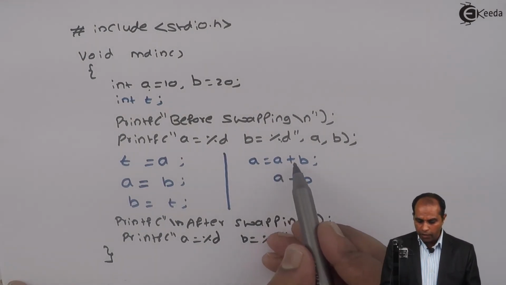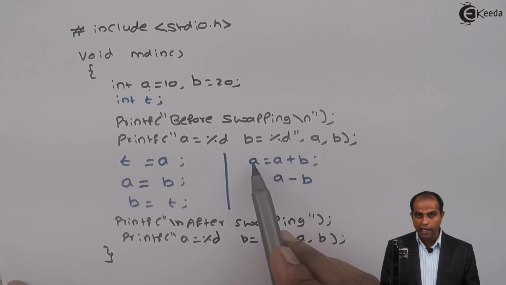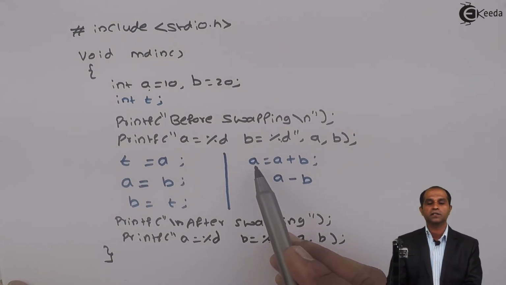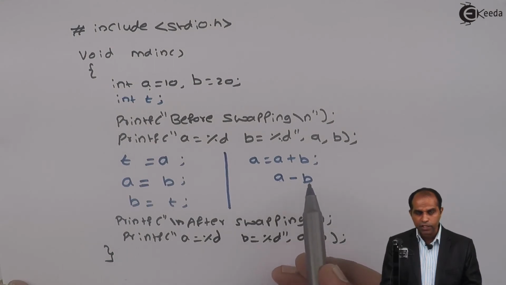So when I said A equals A plus B, A is 10, B is 20, 10 plus 20 is 30. So now the modified value of A is 30 and B is 20. I'll now subtract the values, 30 minus 20.